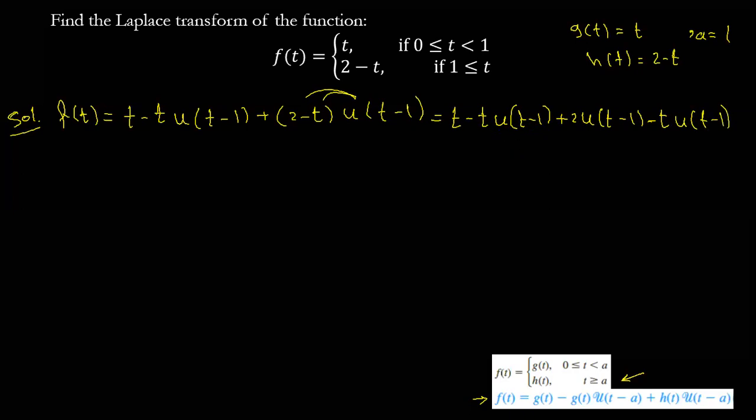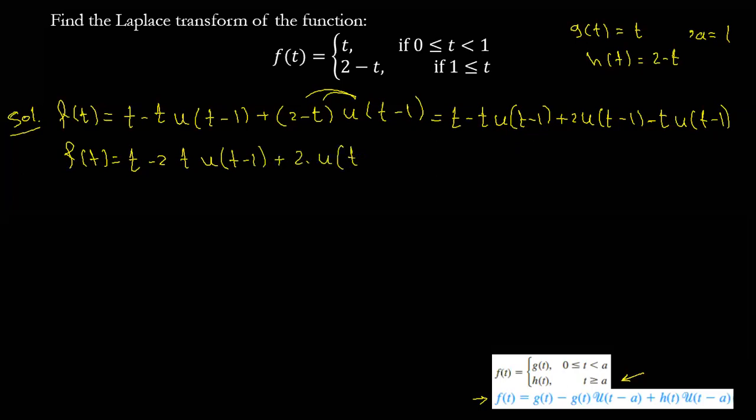This term is similar to this, am I right? So I have two of them. So f of t now is given to be t minus 2t u of t minus 1 plus 2 times u of t minus 1. Now I need you to find the Laplace of this function.